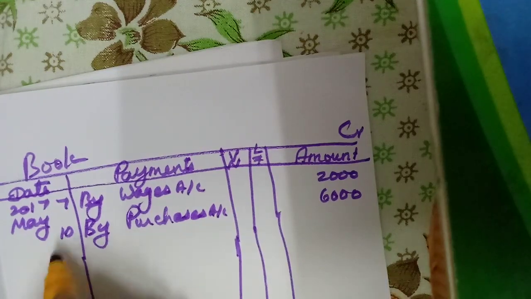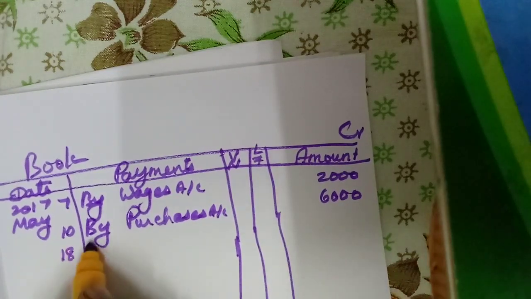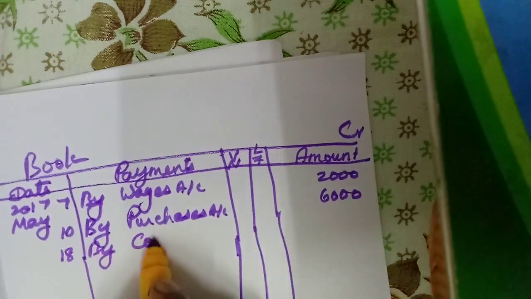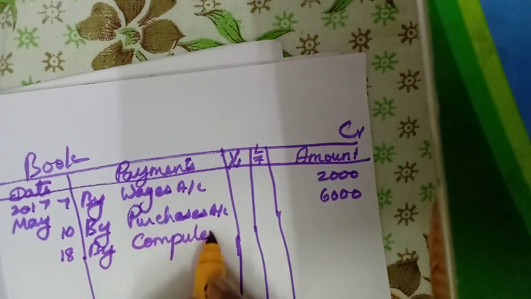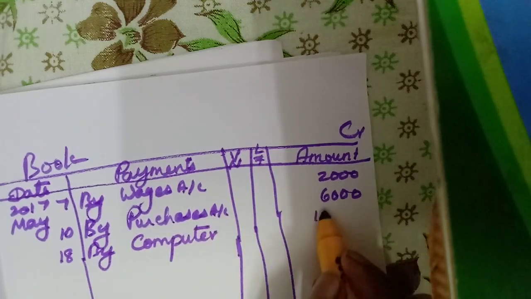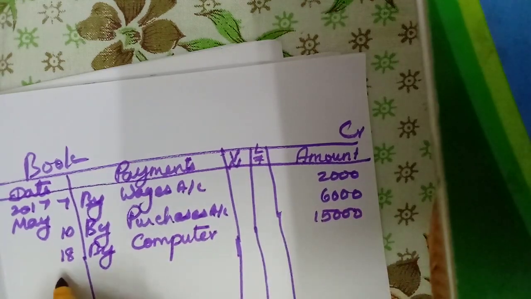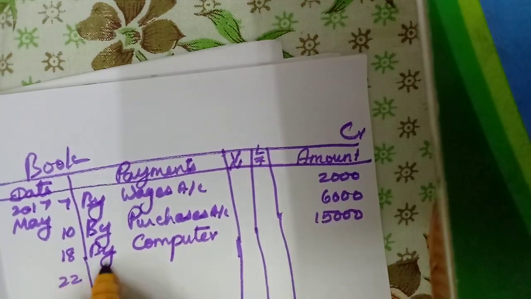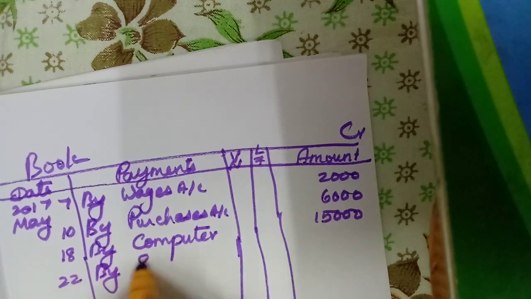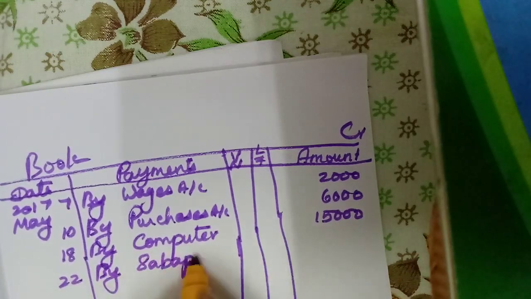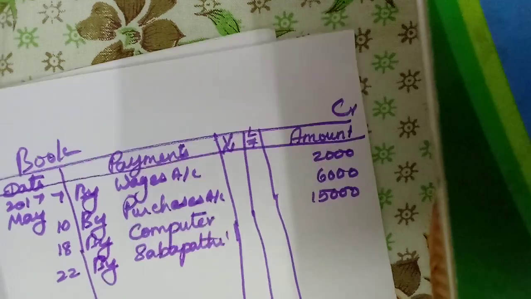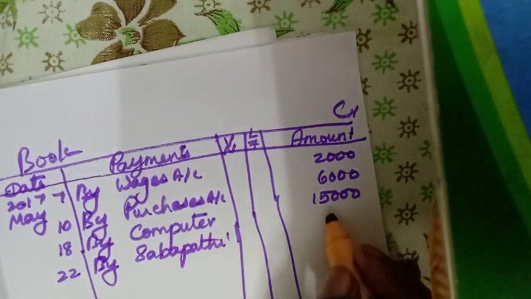Purchased computer, payments, by computer, 15,000. Cash paid to Sabapati, 5,000.